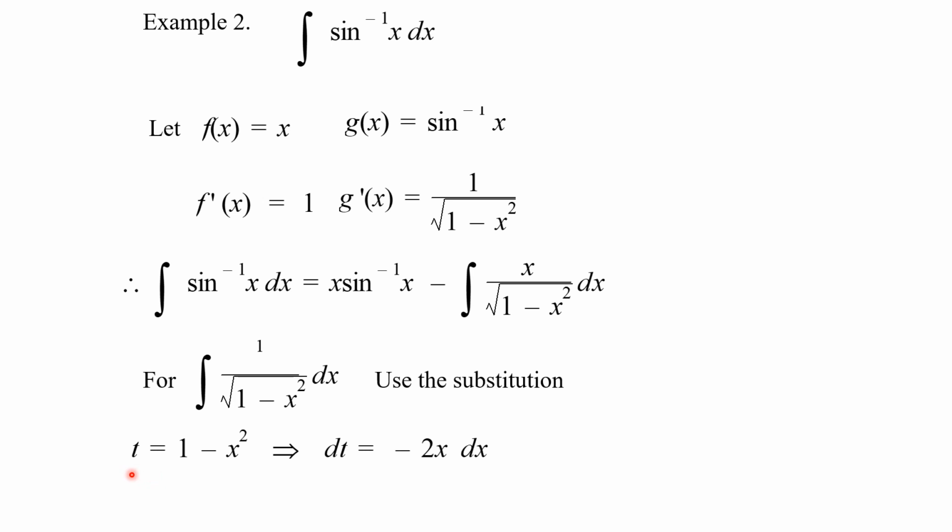So say for example, I use t as the content of the bracket, 1 minus x squared, then dt/dx is definitely negative 2x. Arrange it in such a way so you can substitute it directly. So x dx here becomes negative dt over 2. So you can directly substitute negative dt over 2, and the denominator becomes the square root of t. So we proceed by integration by substitution for this part.